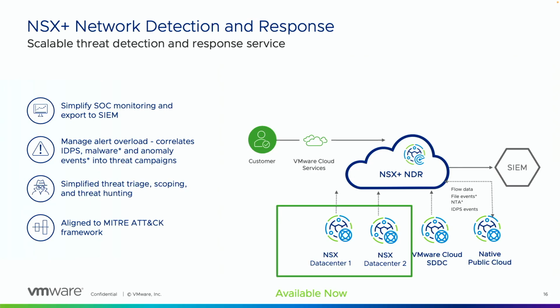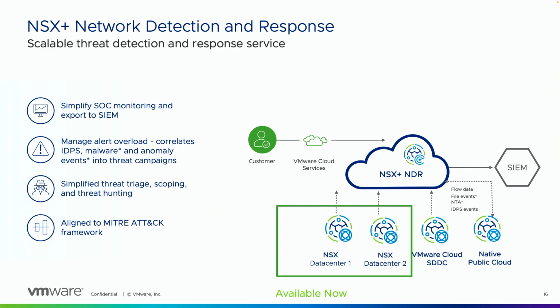So this is the initial free trial availability of the NSX Plus Network Detection and Response. It will work for NSX data centers and any NSX data center or location which has the NSX Manager installed. At launch, we will be able to correlate IDPS events into threat campaigns, and things like malware and anomaly events are roadmapped, and they will be coming soon.